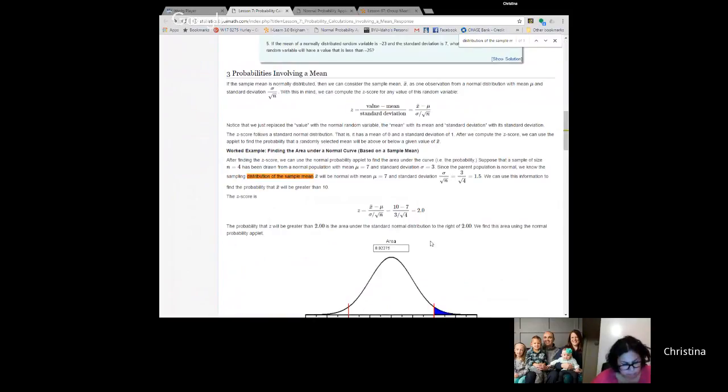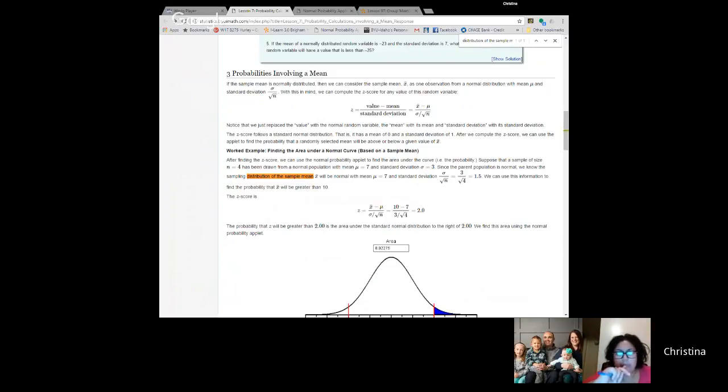Okay, hold on. Under number 3 in the textbook, probability involving a mean, and under normal curve, after finding a z-score, we can use a normal probability applet to find the area under the curve. Suppose that a sample size of 4 has been drawn from a population with a mean of 7 and a standard deviation of 3.